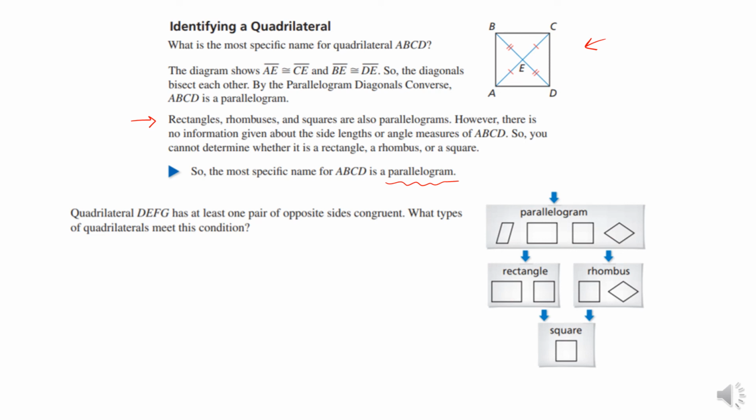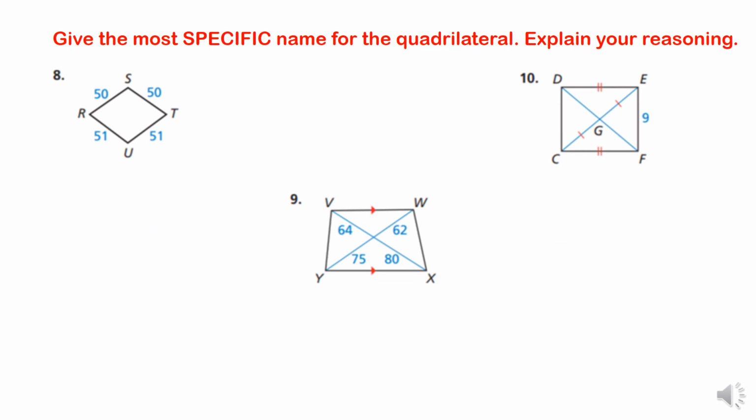All of these have at least one pair of opposite sides that are congruent. The kite and the regular trapezoid are left out. So it's really important that you understand how to identify. Let's look at this.